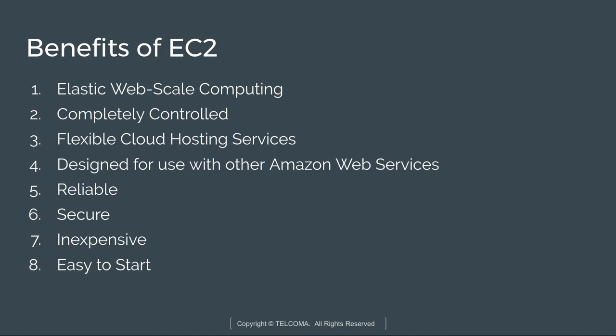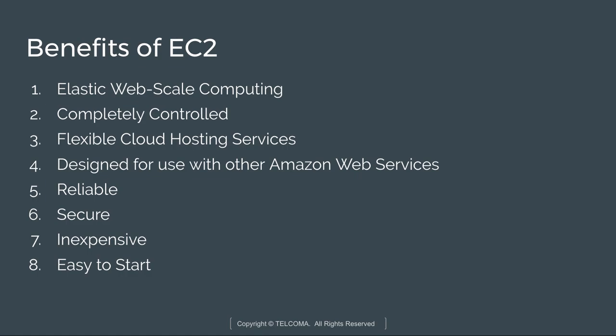It is secure. Amazon EC2 works in conjunction with Amazon Virtual Private Cloud to provide security and robust networking functionality for your resources. Your compute instances are located in a Virtual Private Cloud within an IP range that you specify. We can decide which instances are exposed to the internet and which will remain private. Security groups and network ACLs allow you to control inbound and outbound network access to and from your instances.